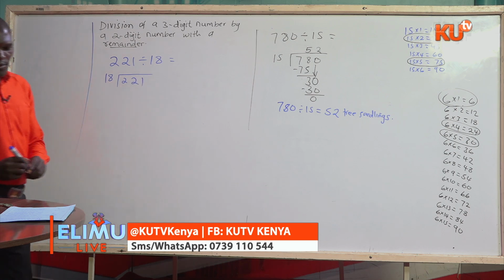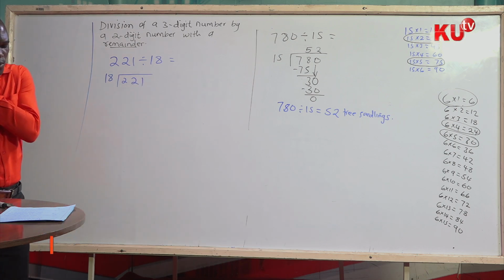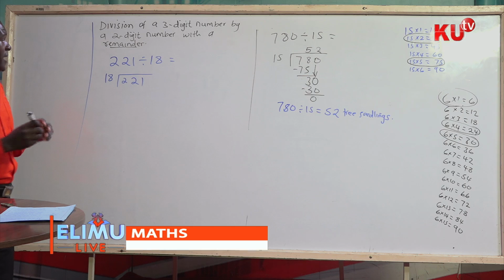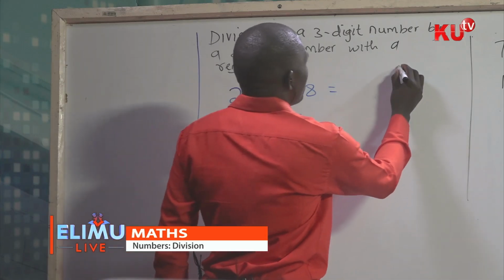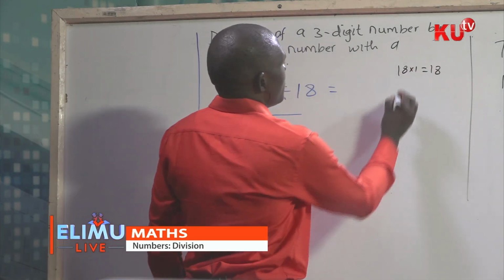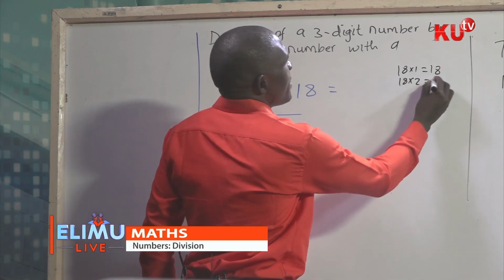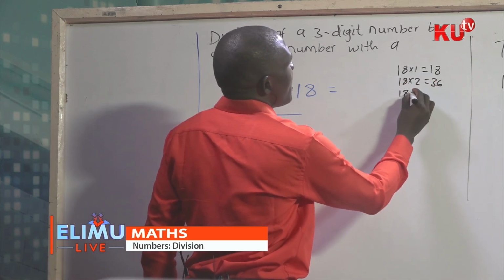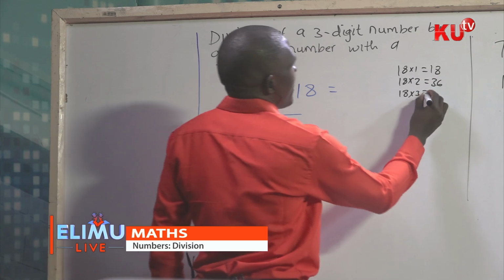What are you going to do? You are going to look at table 18. Table 18, write it somewhere. 18 times 1, that is 18. 18 times 2, that is 36. 18 times 3, that is 54.